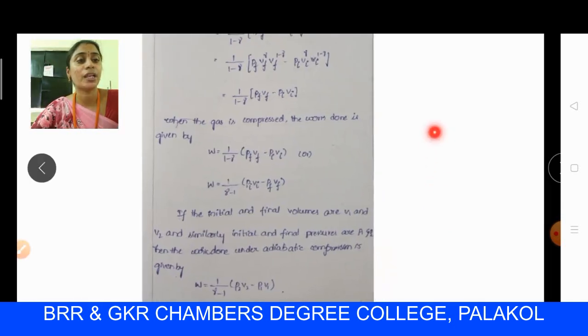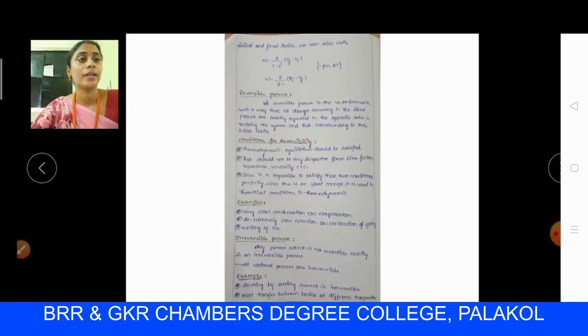If the initial and final volumes are V1 and V2, and similarly the initial and final pressures at A and B, then under adiabatic consideration we can write the above equation as W equal to 1 by (gamma minus 1) times P2 V2 minus P1 V1. If Ti and Tf correspond to the initial and final temperatures, we can also write the work done W equal to R by (1 minus gamma) times Tf minus Ti, that is, W equal to R by (gamma minus 1) times Ti minus Tf.